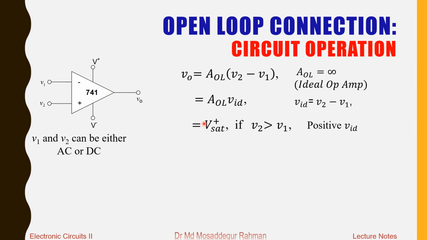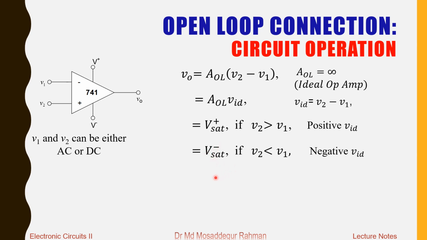Saturation means that you can change the input, you can increase the input VID, but your output will not change. It has saturated, so it's called saturation voltage. So if VID is positive, that means V2 is greater than V1, you get the maximum positive voltage, called the positive saturation voltage. Now if V2 is less than V1, then VID will be negative, and you can expect a negative maximum voltage, called the negative saturation voltage, denoted as V sat with the minus sign.